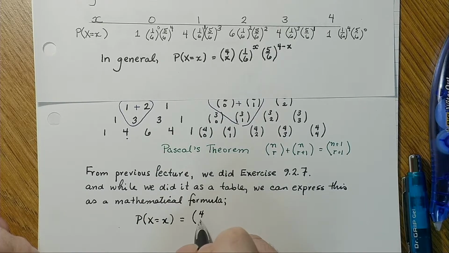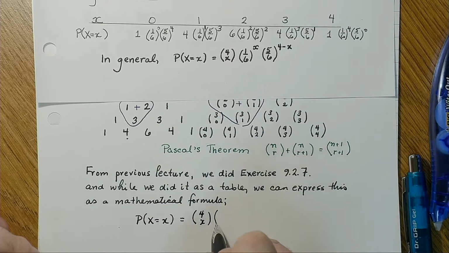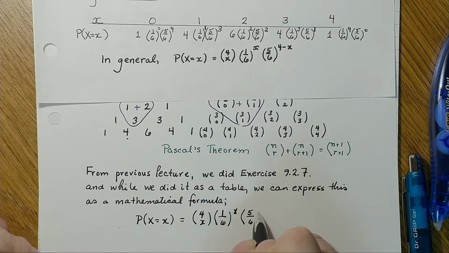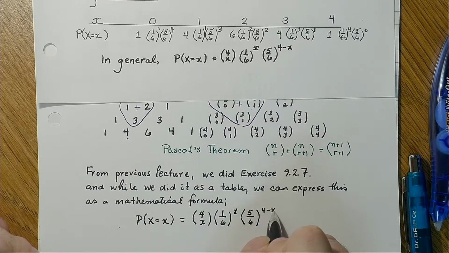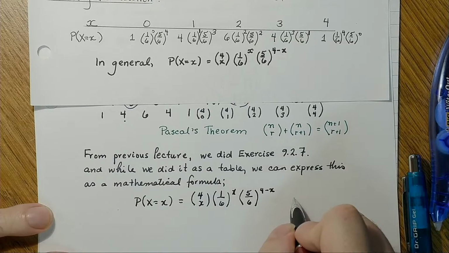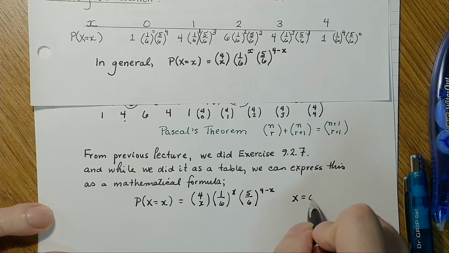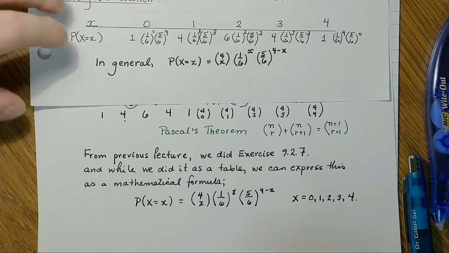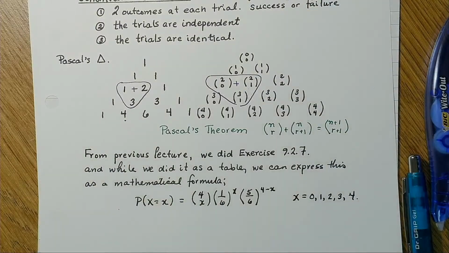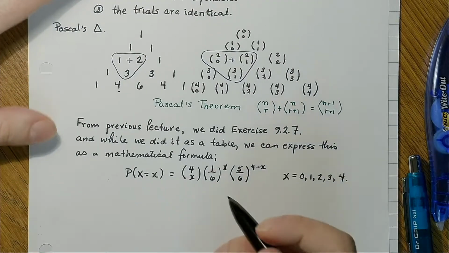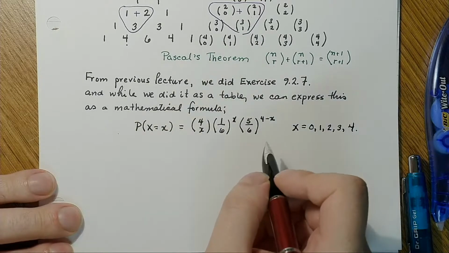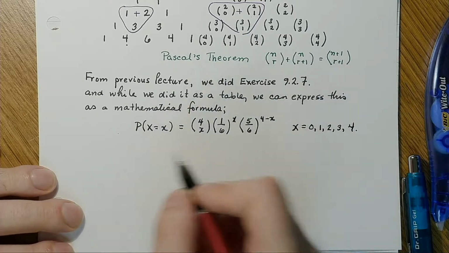So again, I'm just rewriting this again. And so this would be for x equals 0, 1, 2, 3, and 4. So given that formula, you can generate any of those from 0 to 4.